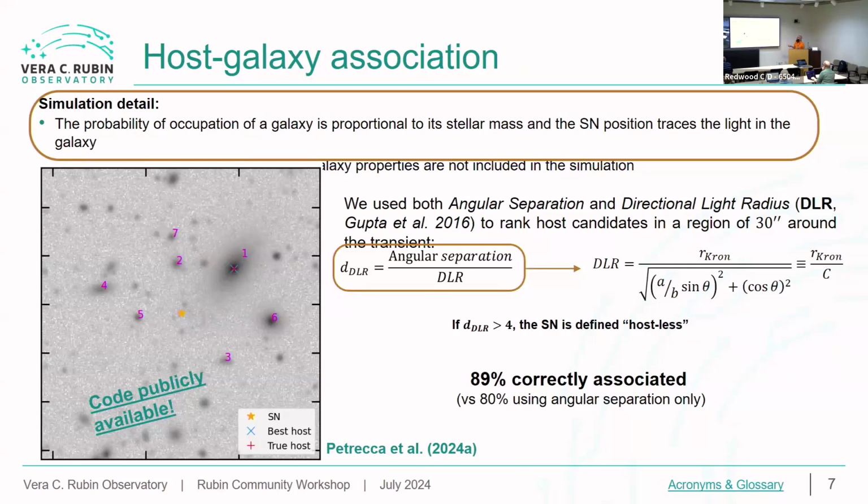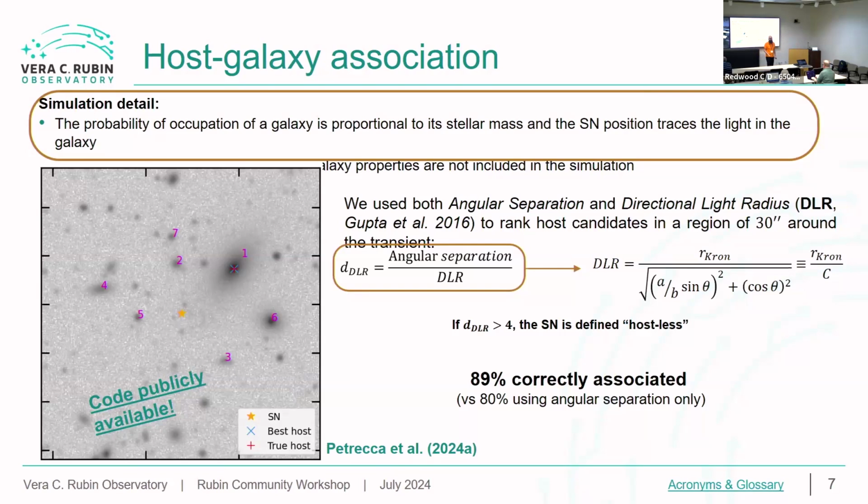We prepared a code which is publicly available and was also tested with the Rubin Science Platform. If you go to the paper, there is the GitHub repository where you can download and test the code. It produces cutouts like this, and when you run it, you have a table with the best ranking sources. There are also numbers on the cutout showing what the sources are.